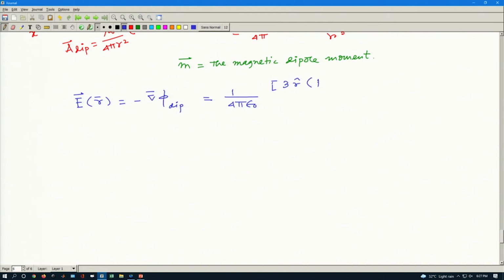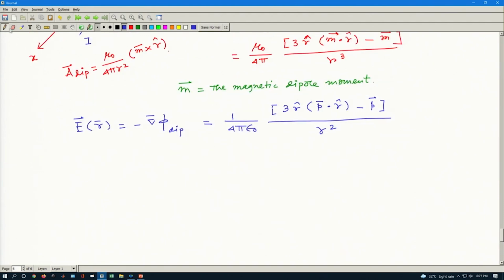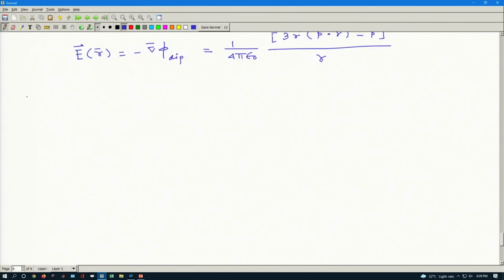Here we have the electric dipole: 3 (p dot r-hat) r-hat minus p, whole divided by r cubed, because I am calculating the electric field.